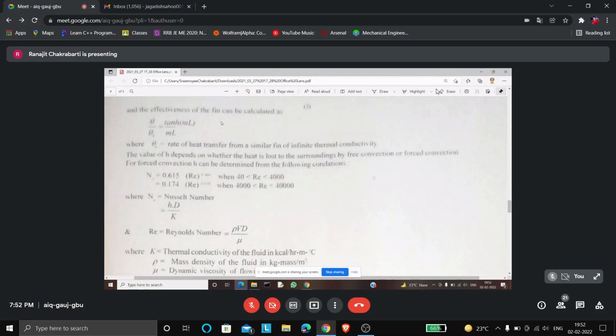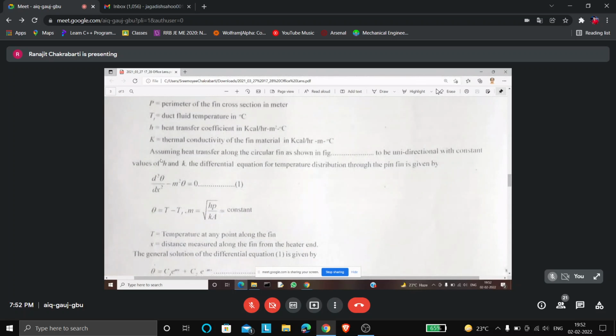For that, you have a quantity called the Nusselt number, which is hD by k. This h is the convective heat transfer coefficient, for convective heat transfer through a cylindrical rod. D is the diameter of the rod and k is the thermal conductivity of the fluid surrounding the rod.